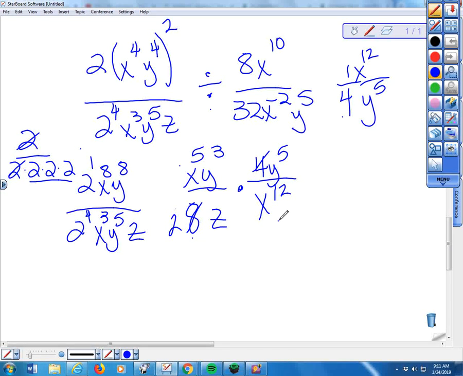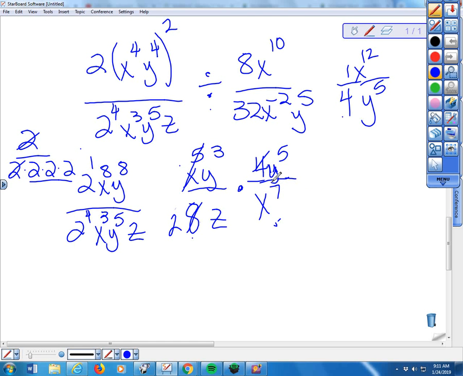What do I do? Subtract. 5 minus 12 is negative 7. This is bigger, so it's x to the 7th in the denominator, right? Because if you can imagine, I've got 5 x's on top, 12 x's on bottom. The 5 cancel, I'm left with 7 x's on bottom. Okay? So this is gone. This is now 7.